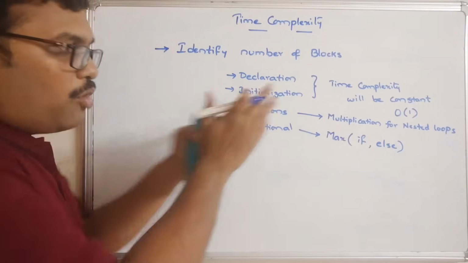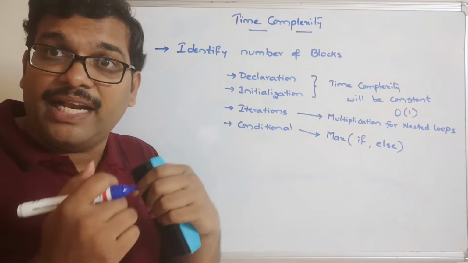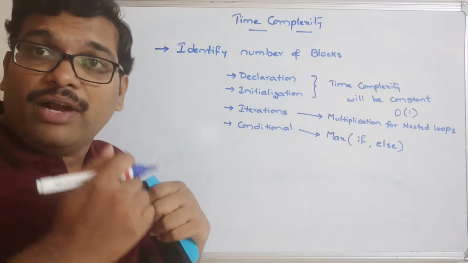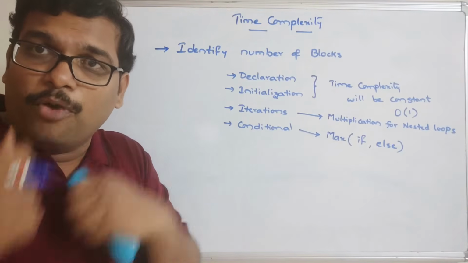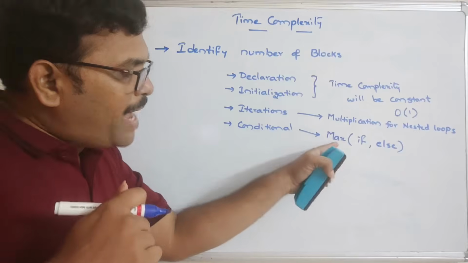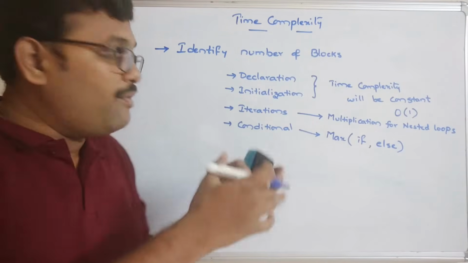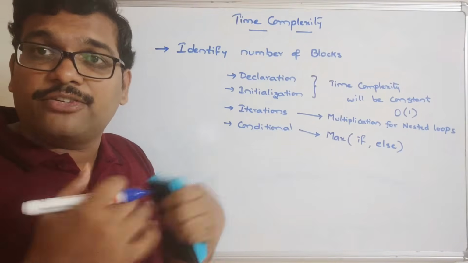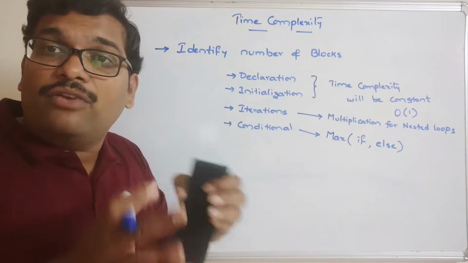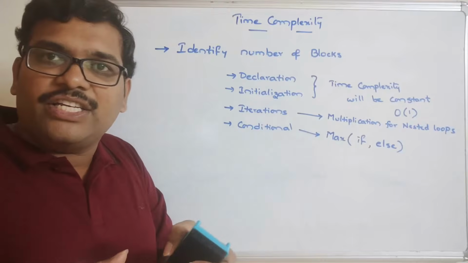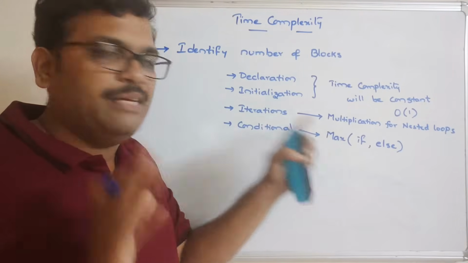So we have to consider only one thing. And if it is a nested if else, calculate the time complexity of each and every block and find out the maximum among all those conditions. So if our code has 2 conditions or 3 conditions, we have to calculate the time complexity of the 3 conditions and find out the maximum.